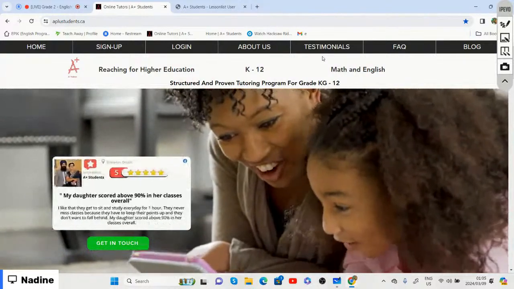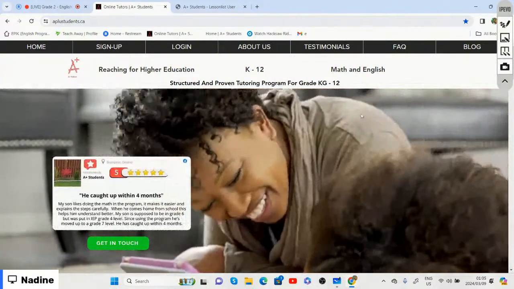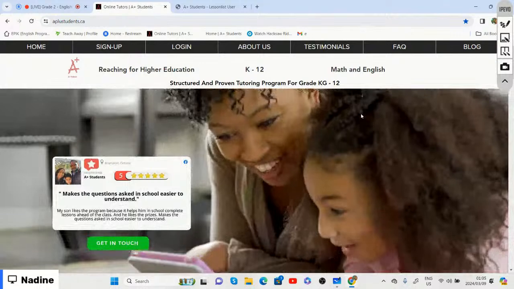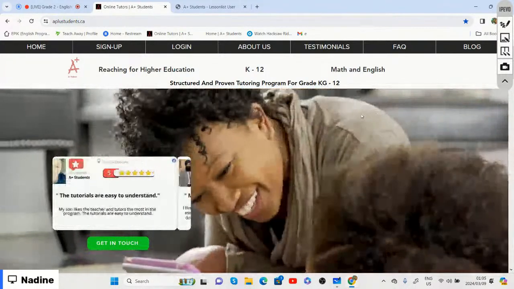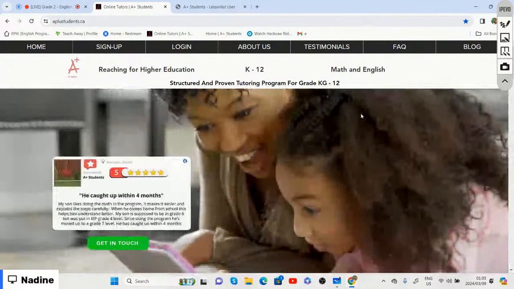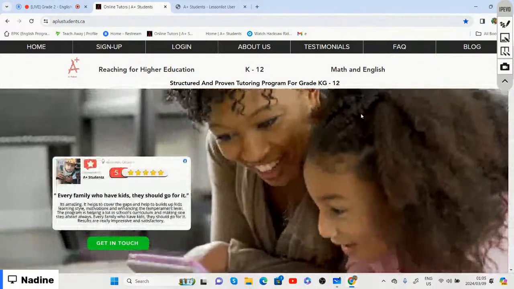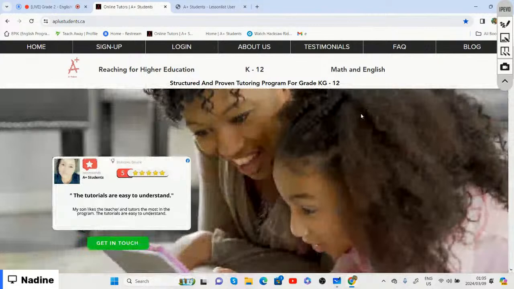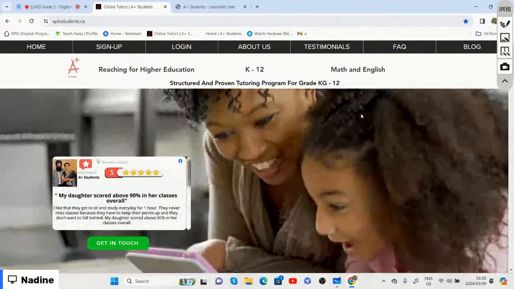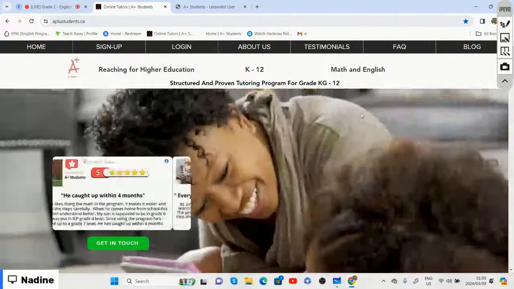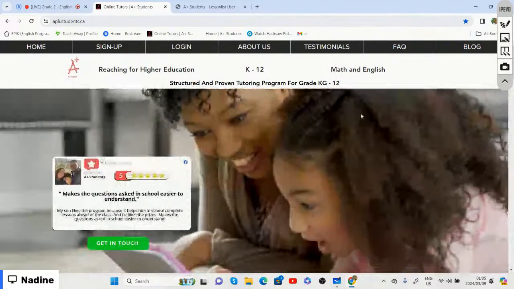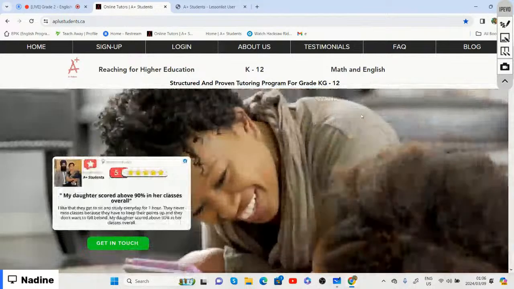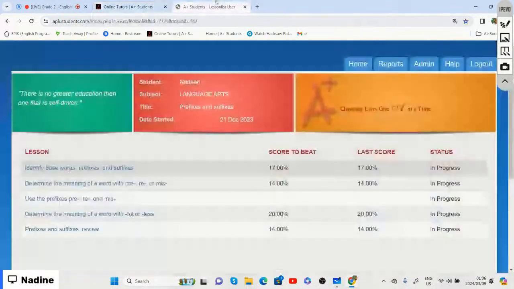Before we start with our lesson, we're going to log on to aplusstudents.ca with our username as well as our password, and then we're going to select the subject of language arts, grade 2, and scroll down until we get to the chapter on prefixes and suffixes.